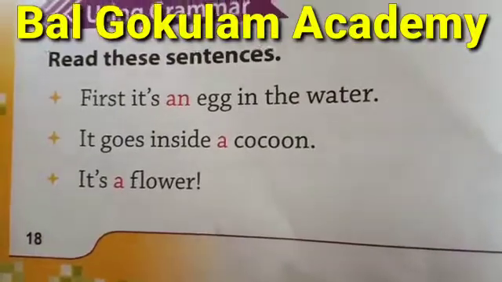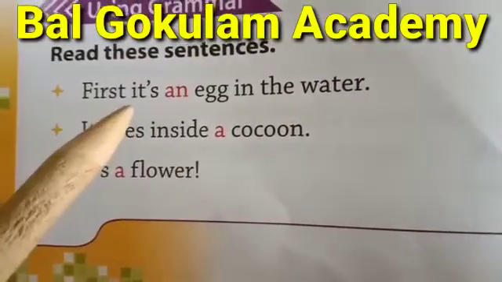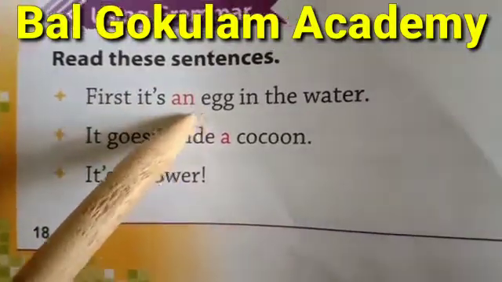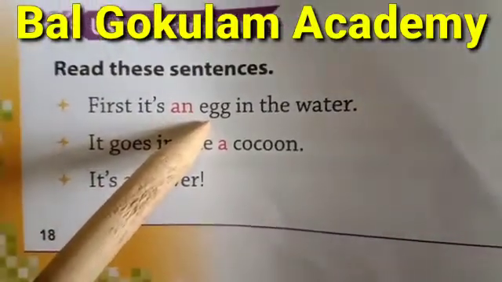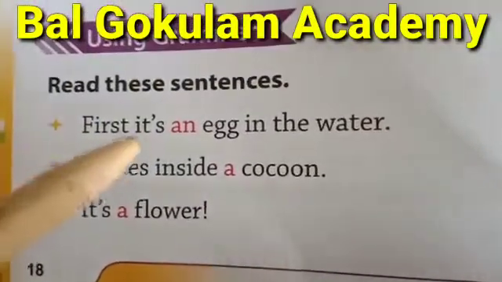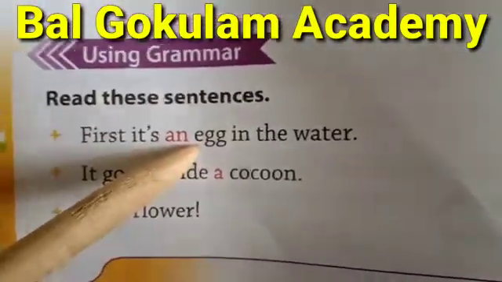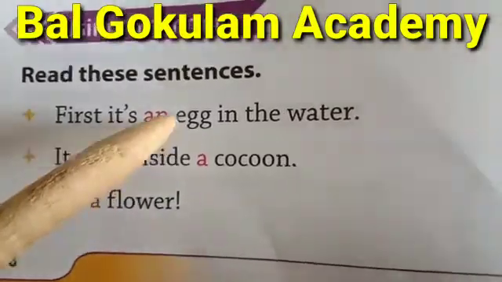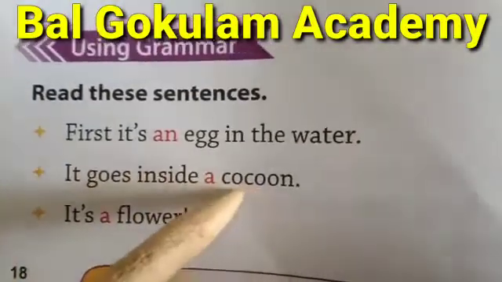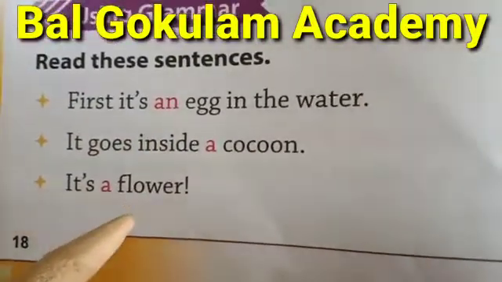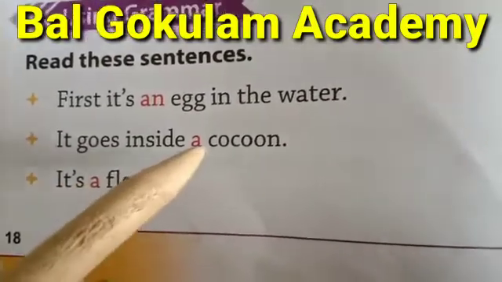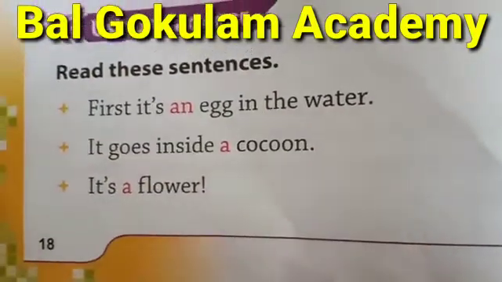These are colored with red. These are the articles. And here it put the article before words egg, cocoon and flower. You see egg. Egg starts with vowel sound. So we put here the article an. And cocoon and flower start with consonant sound. So we put here the article A.